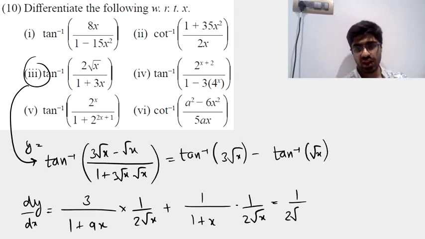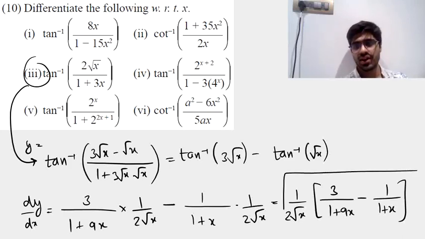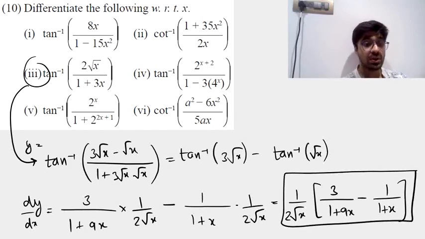Simplifying that properly, we can take 1 upon 2 root x common from the two terms. The first term will be 3 upon 1 plus 9x, and in the middle there's a minus, okay? So this is going to be a minus here, and then there's a minus 1 upon 1 plus x. Yeah, that's the final expression of dy by dx for the third sum, and with that we go ahead with the fourth one.